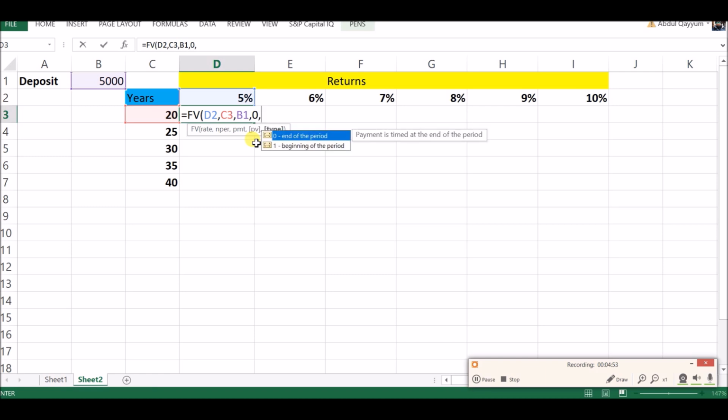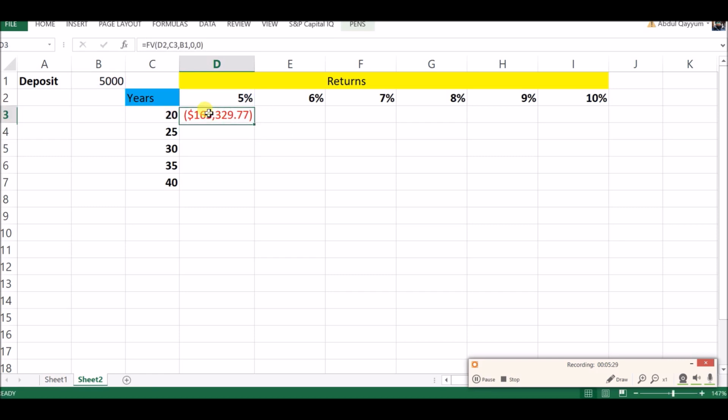Then it will ask for the type. As you know from the basic courses, annuities are of two types. One is the ordinary annuity, in which the cash flows occur at the end of the period, and the other is the annuity due, in which the cash flows occur at the beginning of the period. You can specify 0 or 1. Because this is an ordinary annuity, we put 0 and close this. Press enter, and this gives you the future value of the annuity.